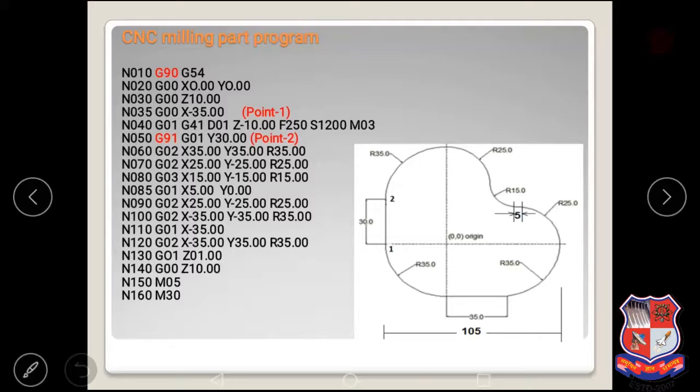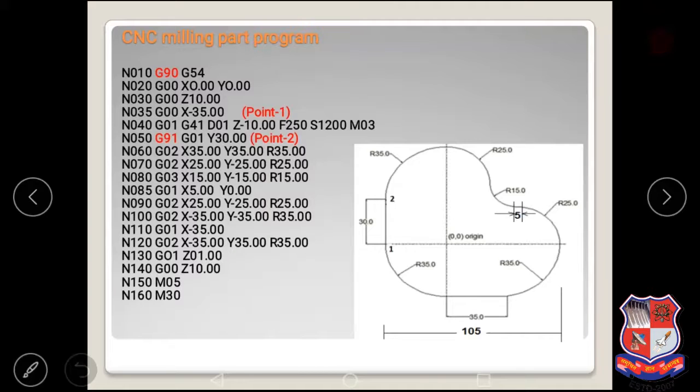So that practice is implemented in this part program. We start with the absolute programming mode, and then when the machining takes place, we change the programming mode to incremental from point 2.